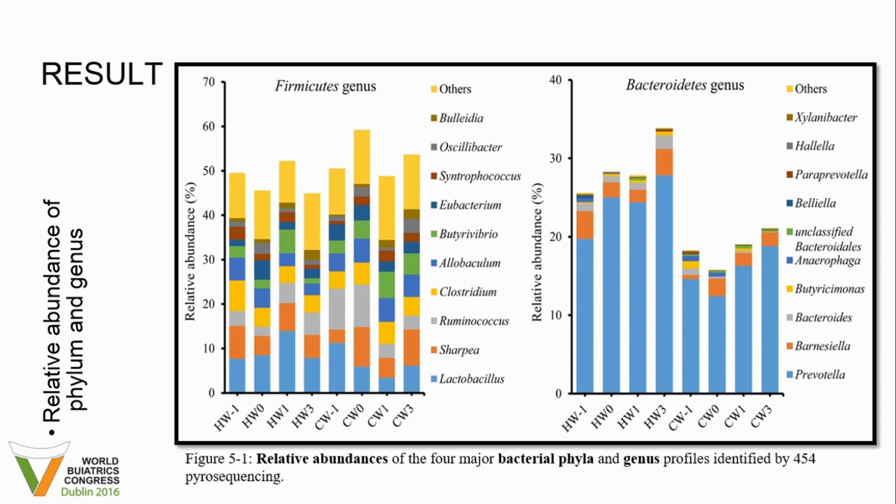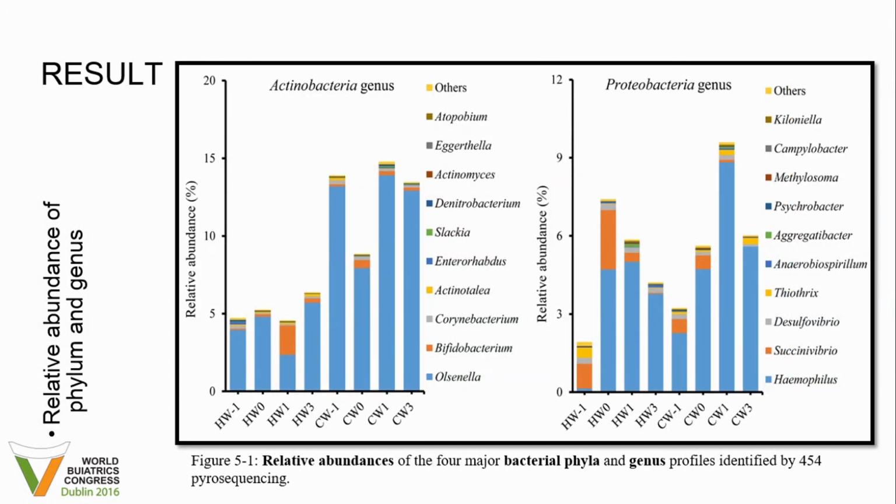Significant differences were observed in Bacteroidetes phylum, Actinobacteria phylum, and Prevotella genus. Actinobacteria was mostly occupied by Olsenella genus, which can ferment carbohydrate to lactate, and this genus was the most abundant lactate-producing genus in the corn group.